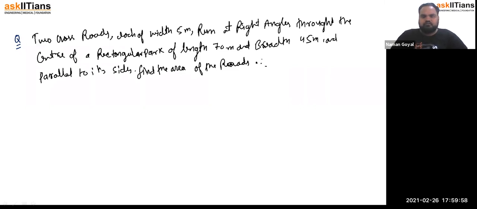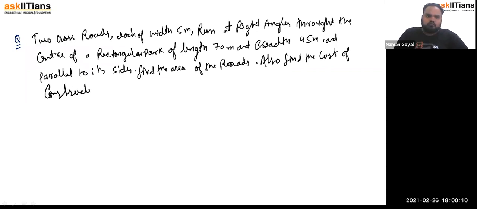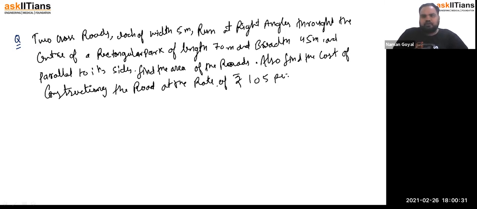Also find the cost of constructing the road at the rate of rupees 105 per meter square.